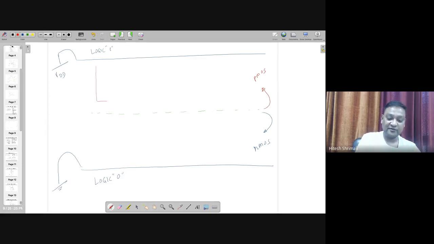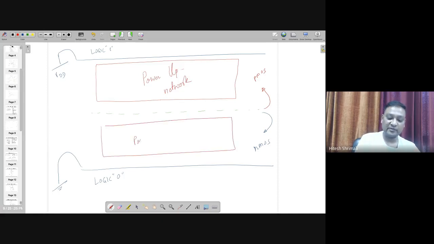And upside, if you remember, I told you that whatever you are connecting here, we are going to call such a network the power up network, where you will have all the PMOS transistors, whereas in the downside, you are going to have the power down network.